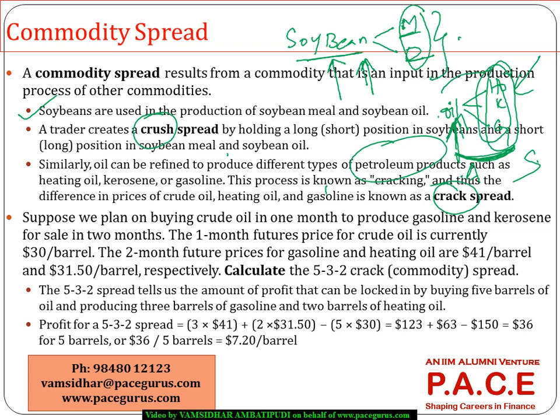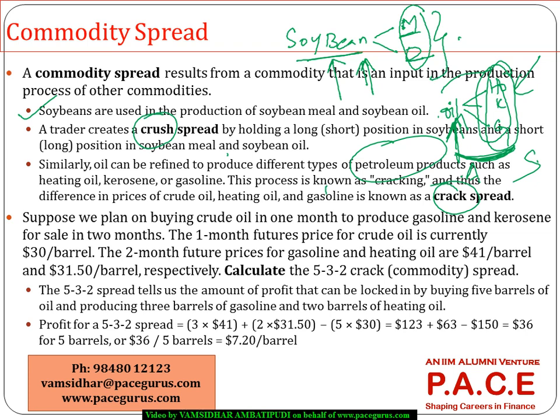By fixing the prices in the long position here and the short position here, whatever profit I am making, I call it a crack spread. Basically, these are the names of the processes. Soya bean is being crushed to create soya bean oil and all. The crude oil is being cracked to produce all these outcomes.